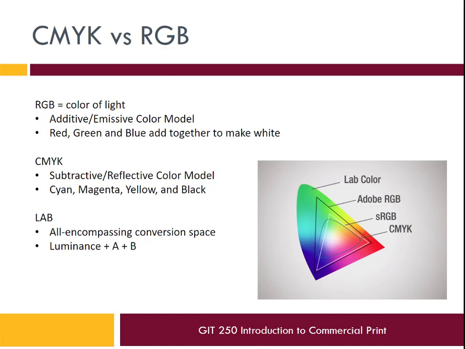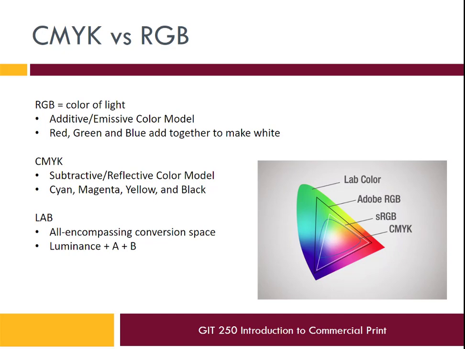LAB is a conversion space, so it's very broad. Mathematically, it's not based on necessarily three colors like CMY or RGB. It's based on a luminance value, a brightness value, and then A and B are just different axes on a graph where you can map out all different colors of brightness and darkness and hue and saturation and everything.